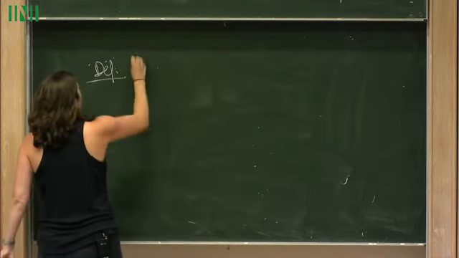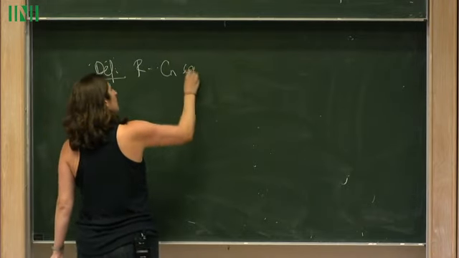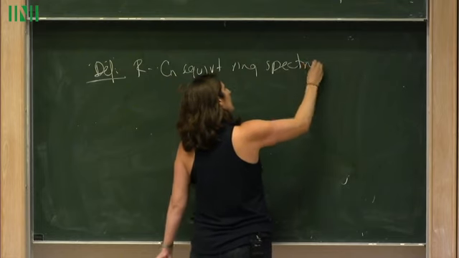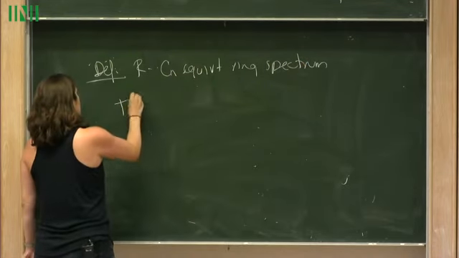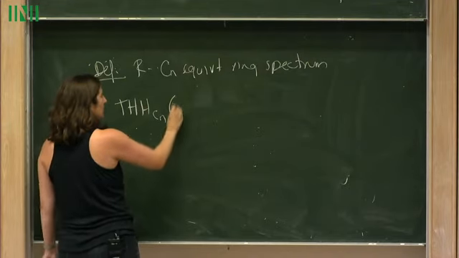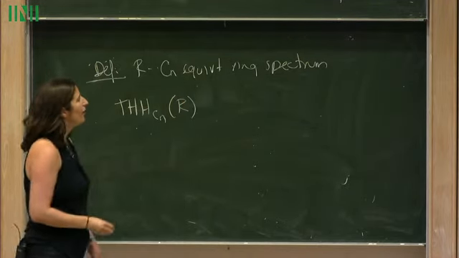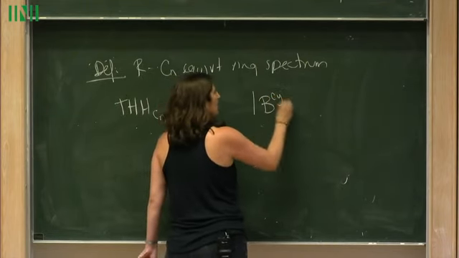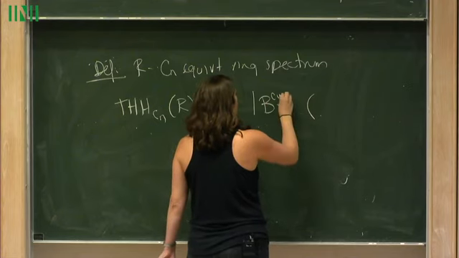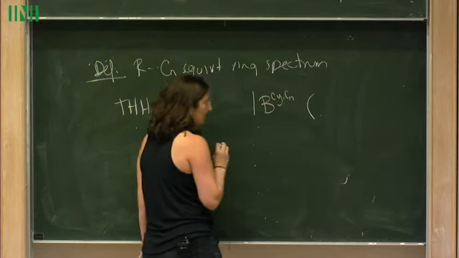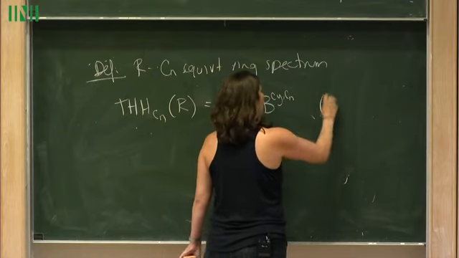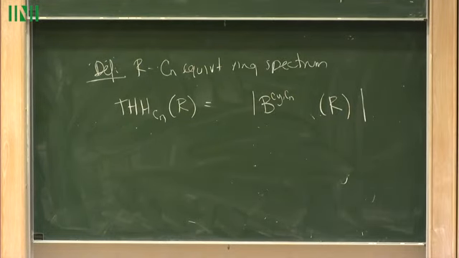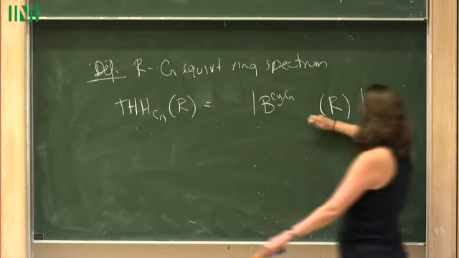So I have R, a Cn equivariant ring spectrum, and what I want to say is that the Cn relative topological Hochschild homology of R should be the geometric realization of the Cn twisted cyclic bar construction on R. Okay, and maybe to make that actually make sense, I need to add a few things.